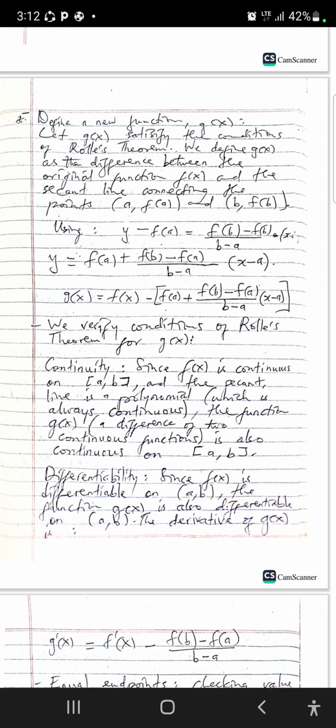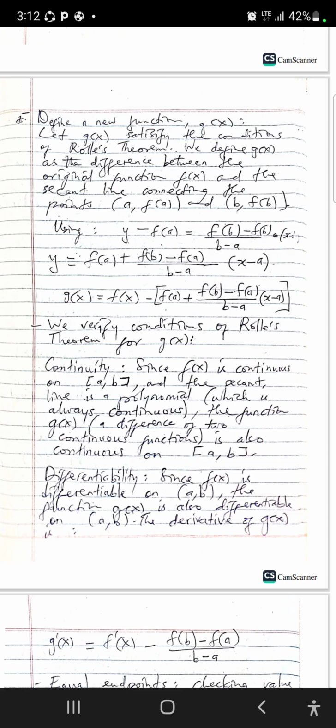We have just taken f of a to the other side and made it start the expression. That is why you are able to see now y equals f of a plus (f of b minus f of a) over (b minus a) times (x minus a). The only thing that we have done is take the f of a to the other side and make it start at that side.